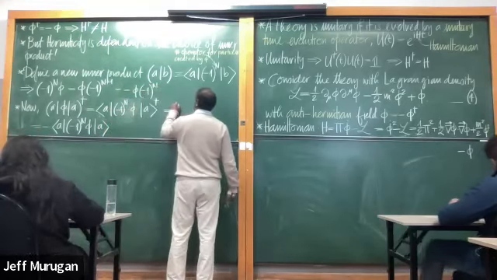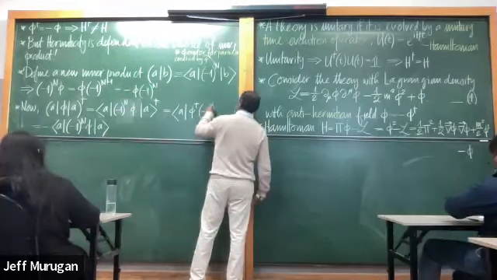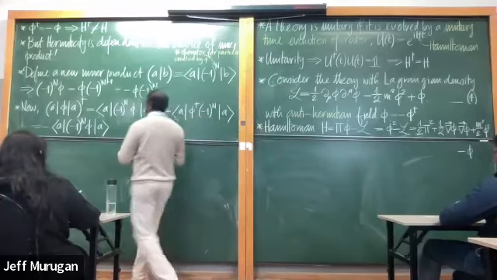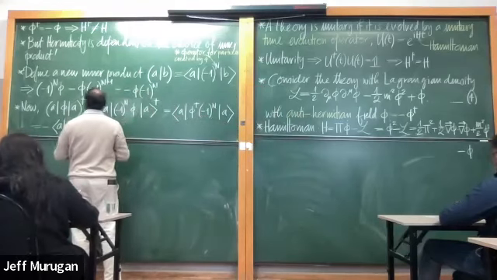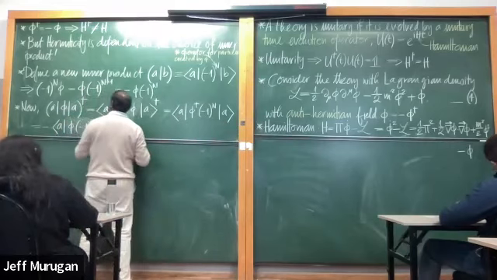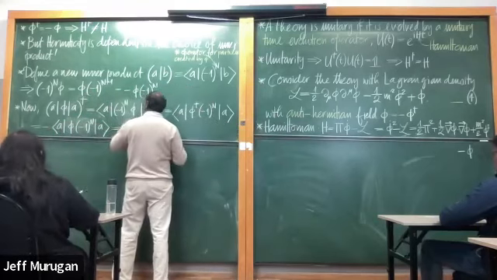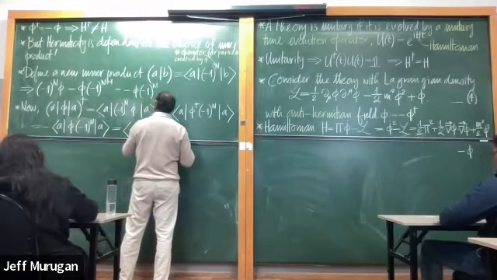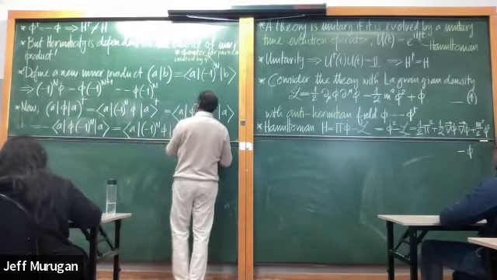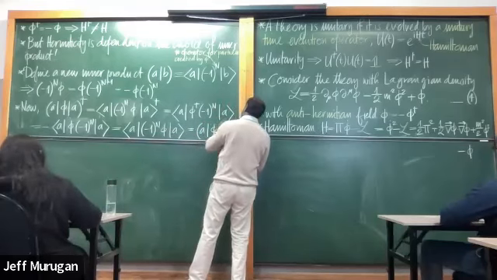And now I dagger this thing. So this is A phi dagger (-1)^N A. Phi dagger is minus phi. That minus sign comes from there. And now I flip these two around, which comes with a minus sign. So that's just A (-1)^N phi A, which is just (A, phi A), like that.